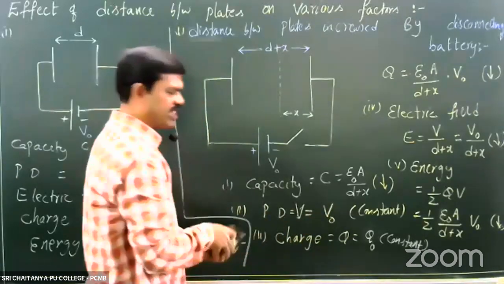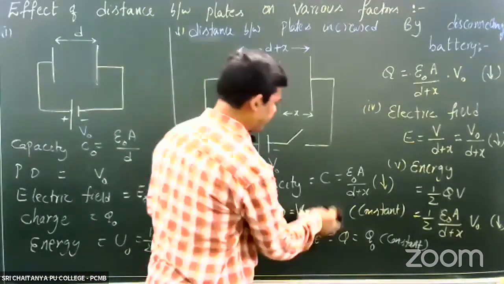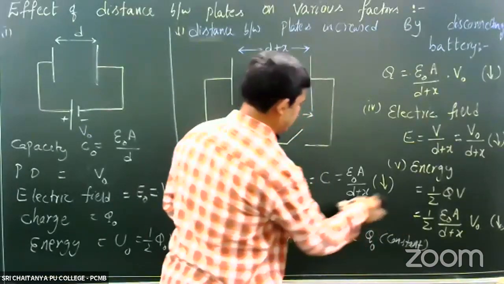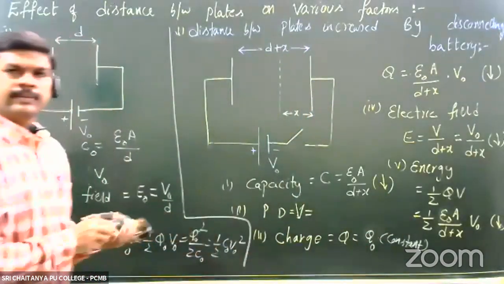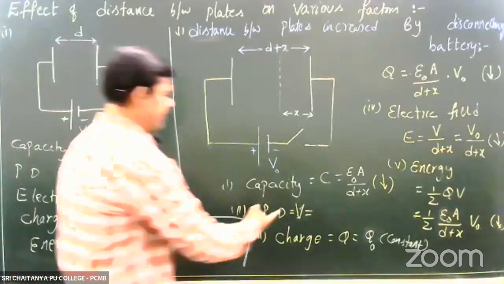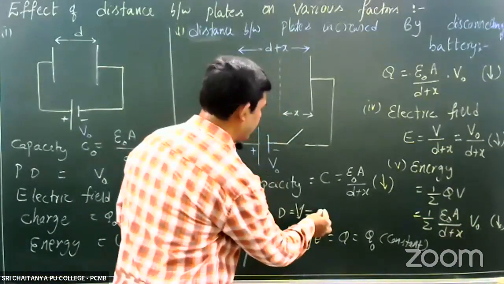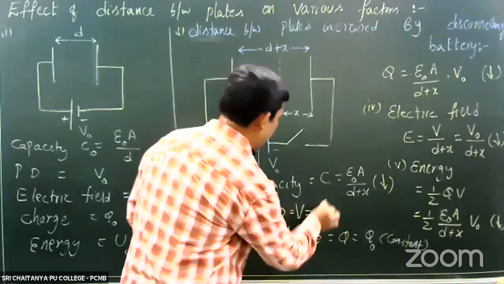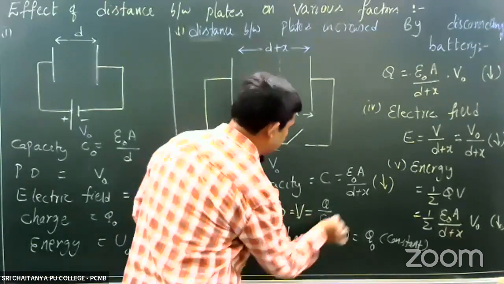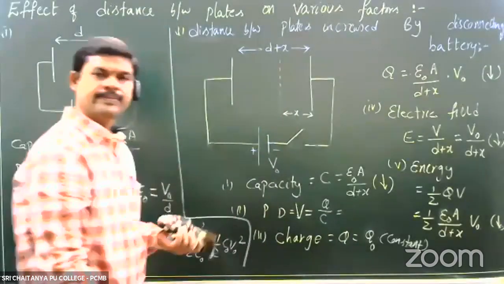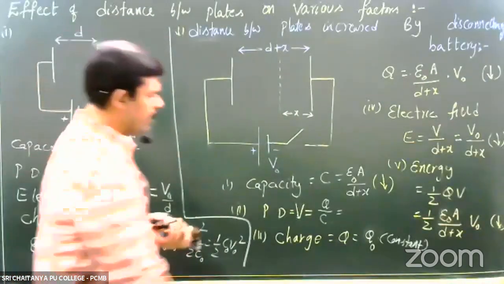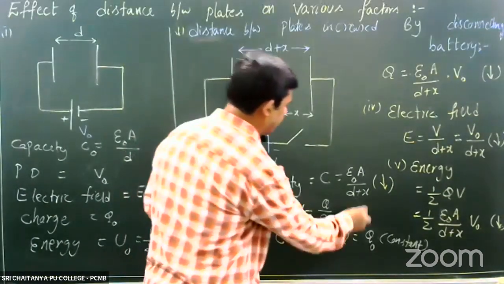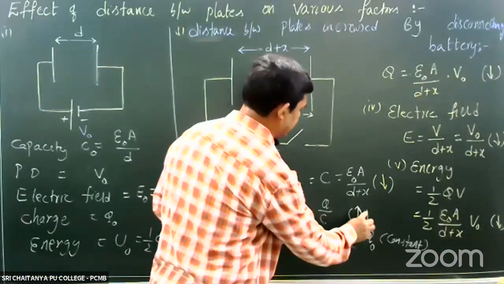What happened to the potential difference? We know V is Q by C. When C is decreased and Q remains the same, V increases.